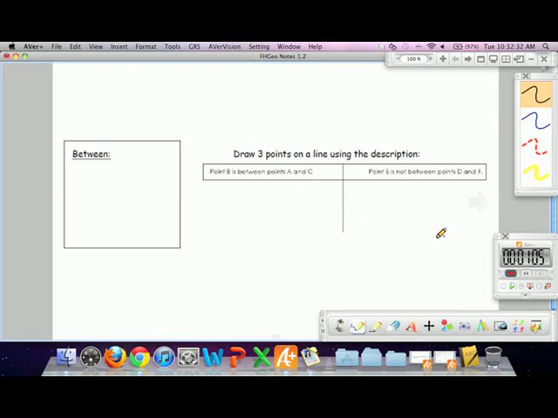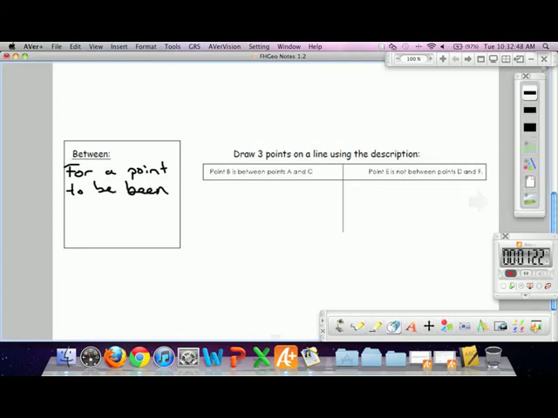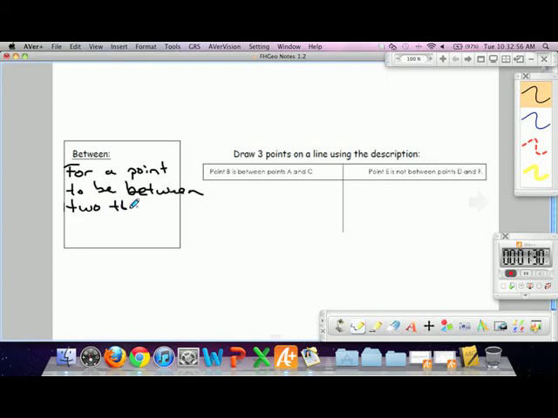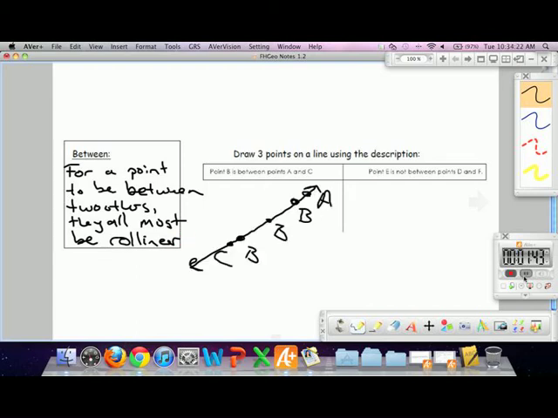For a point to be between two others, they all must be collinear, as long as B is somewhere in the middle and on the same line.